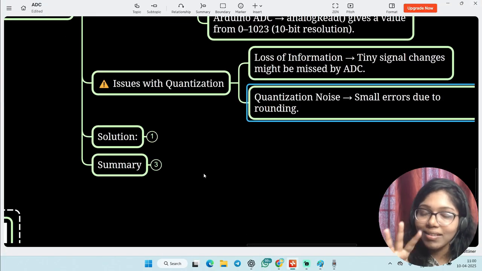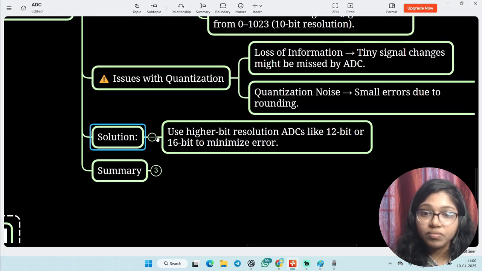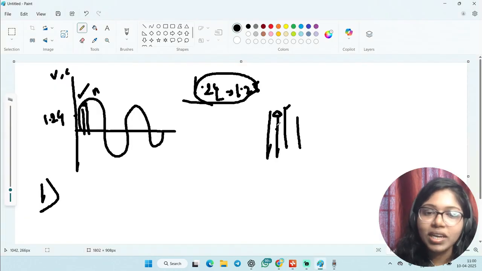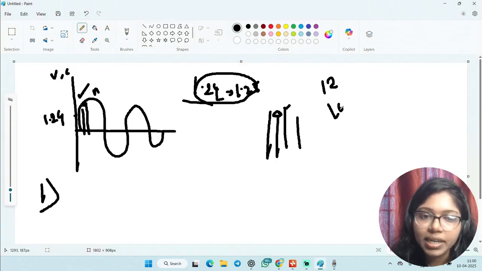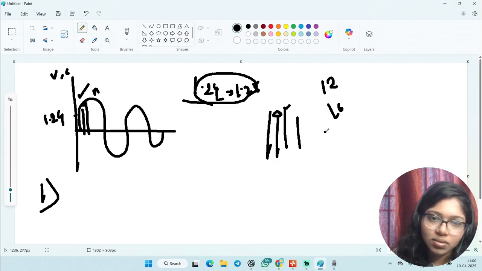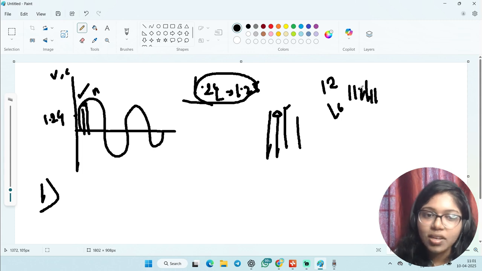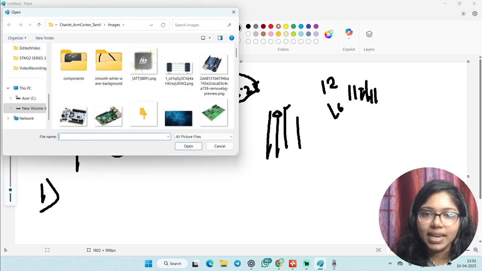So that is the issue. The solution for this is to go with high bit resolution. If you go to 12 bit or 16 bit, these problems will be avoided. While sampling, most of the noise will be gone, because you can acquire a lot of data, so the problem is less and you cannot miss out the data like this.